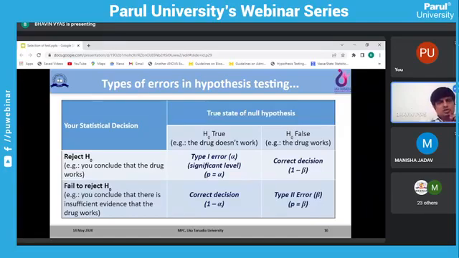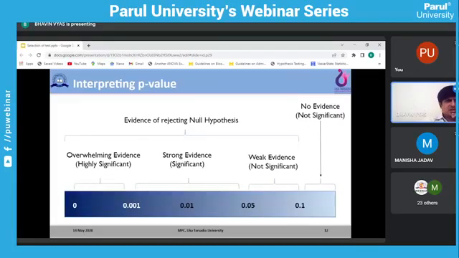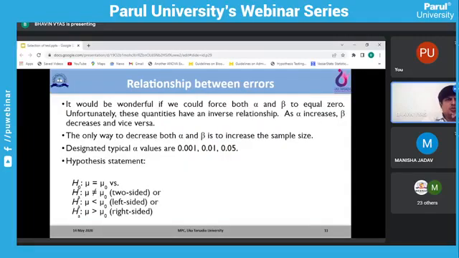So we can manage type 1 error alpha and type 2 error by deciding the significance level and power beforehand. So this is what I have given as the relationship between errors. I'll be skipping this slide because it is not important for you.